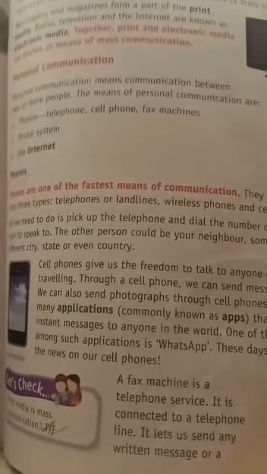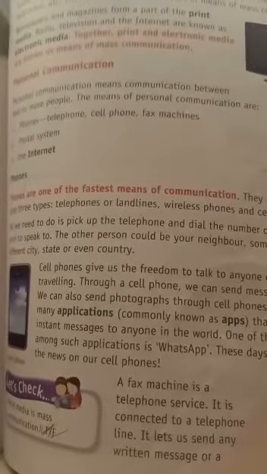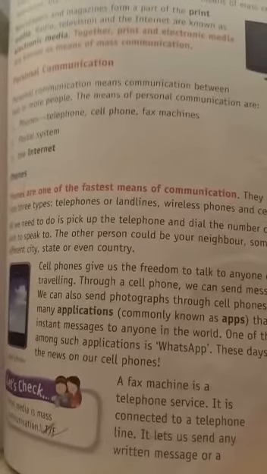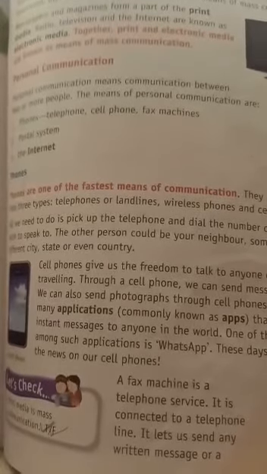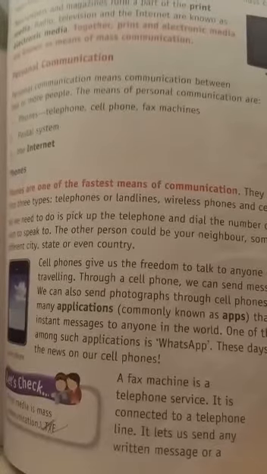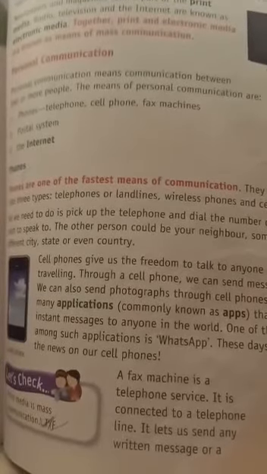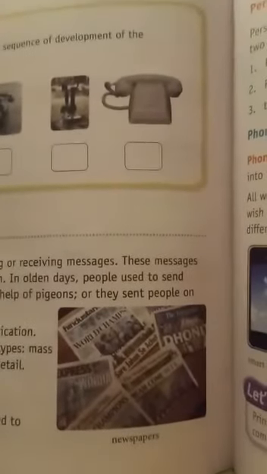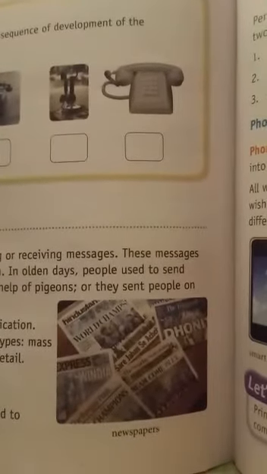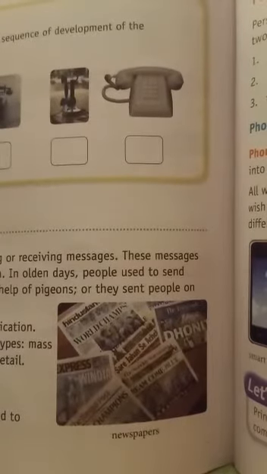Okay, why is it called mass communication or mass media? Because they help to communicate with a large number of people at the same time. This newspaper gives us detailed news of events taking place in our country as well as in the world.